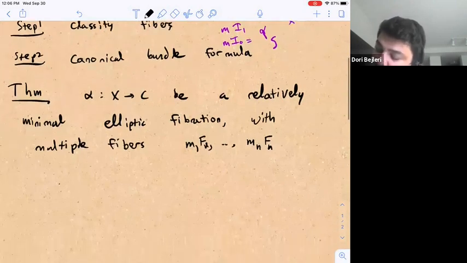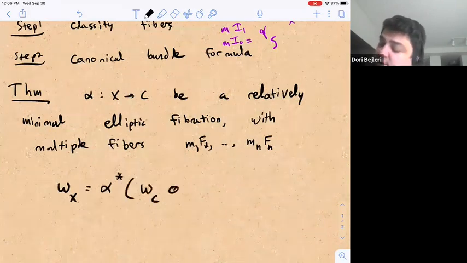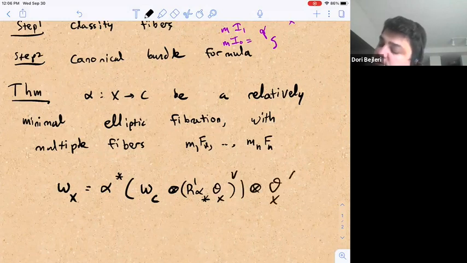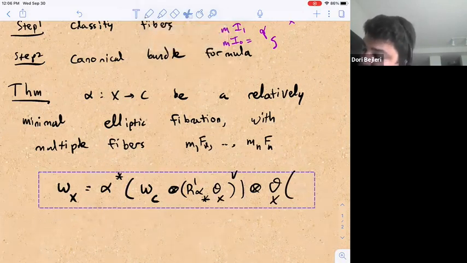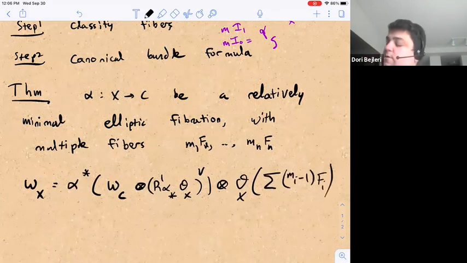Then the canonical bundle of X is the pullback of the canonical bundle on C, tensor this line bundle R1 alpha lower star O_X dual, tensor O_X twisted by a contribution for these multiple fibers, which is the sum of (m_i minus 1) F_i over multiple fibers.